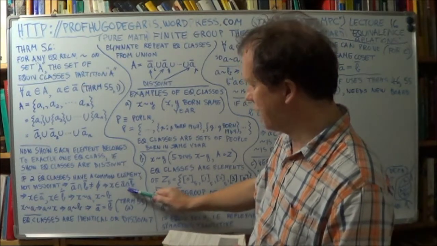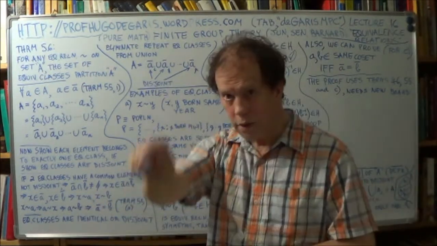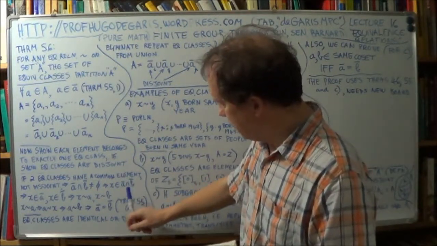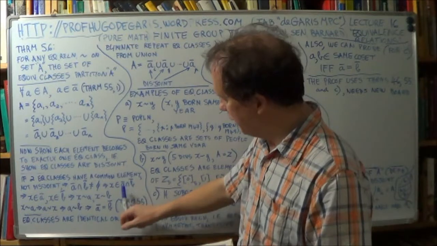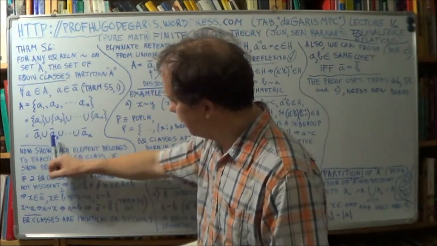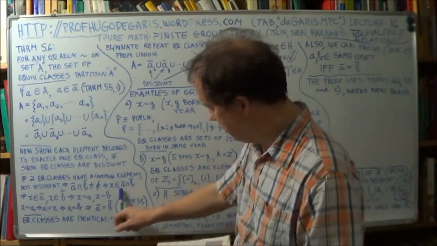The set intersection, this symbol here, so that there's at least one element in common in two of these residue classes. Okay? So you've got something like this.